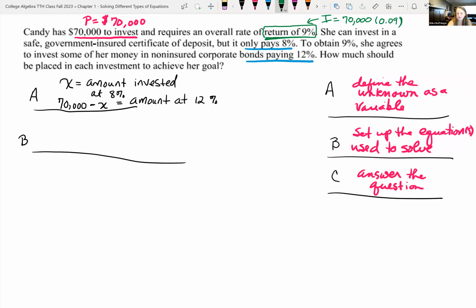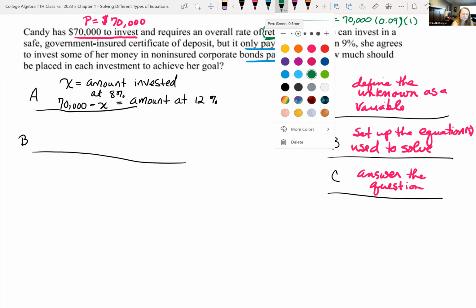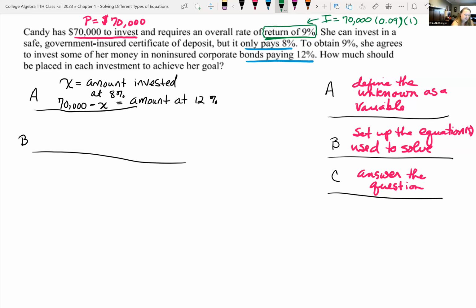So 0.09 times time 1. Okay, so this is how much she wants. So that's one side of the equal sign. So 70,000 times 0.09 times 1.